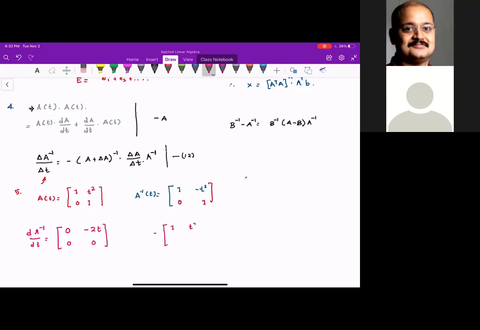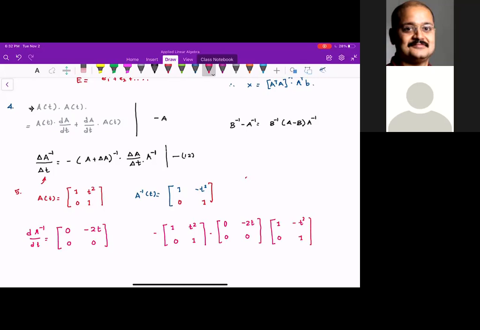1 t square 0 1 multiplied by 0 minus 2t 0 0, and A inverse, which is 1 minus t square 0 1.